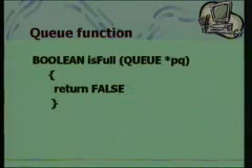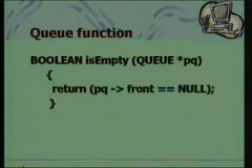Let's continue with another function. This is the function called is full. The purpose of this function is to return a Boolean value. If the queue is full, meaning all the elements are stored and no position is vacant in the queue, it returns false, otherwise it returns true. Now here is the check whether the queue is empty or not.